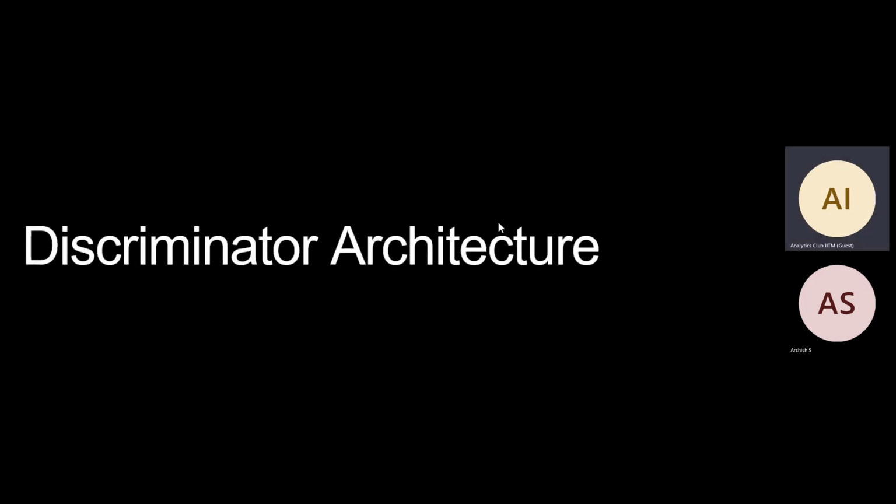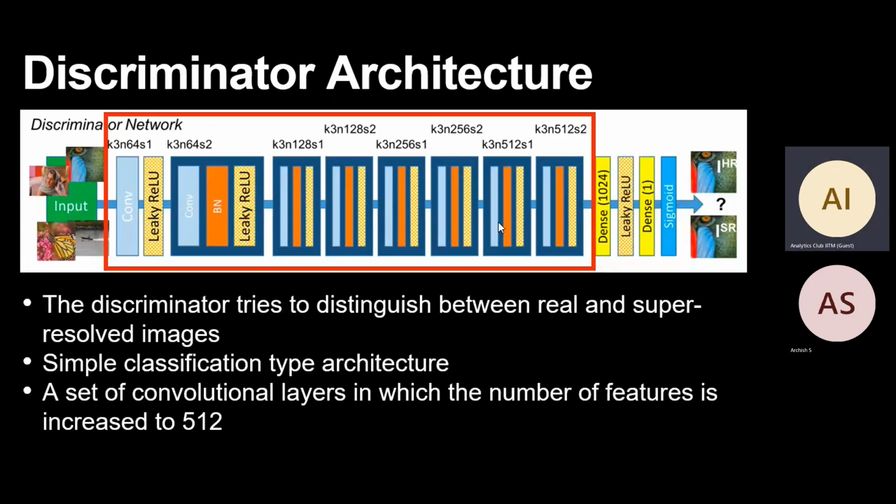So we'll move on to the discriminator architecture. The discriminator has a very simple classification-type architecture. You have a number of convolutional layers where you gradually decrease the size of your output and increase the number of channels.